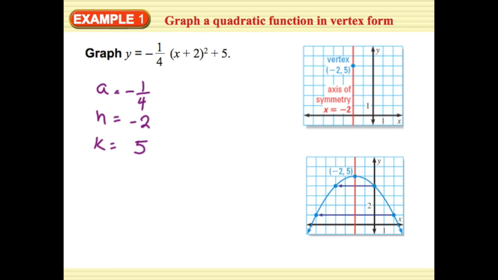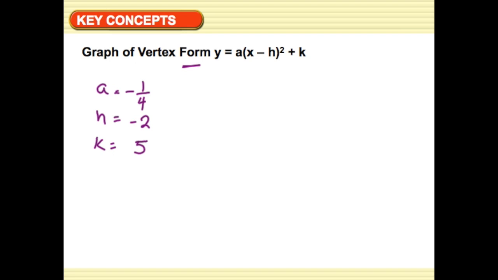Now, you might be looking at this and going, what do you mean h is -2? This is a +2. But if we take a look back at our original form, you can see that the function here is y equals a times x minus h squared plus k.